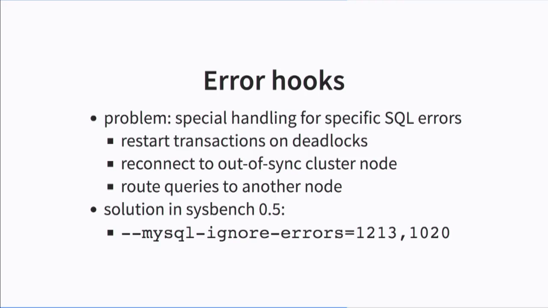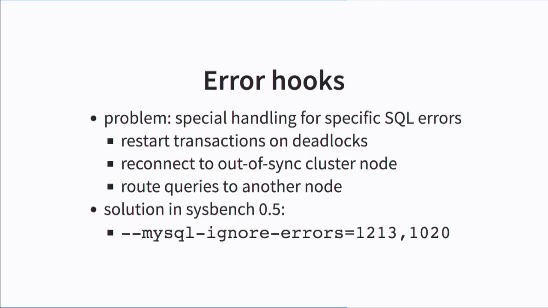But otherwise, it just terminates the benchmark. However, in certain cases, you may want to provide some special handling for certain error codes. For example, if you're benchmarking a Galera cluster or an NDB cluster, and one of the nodes becomes out of sync, then you may want to ignore the error and wait for that node to become available again. Or you may want to reroute all queries to another node.